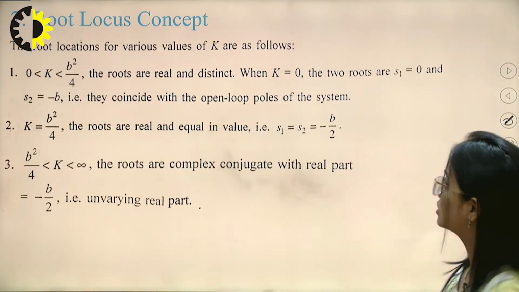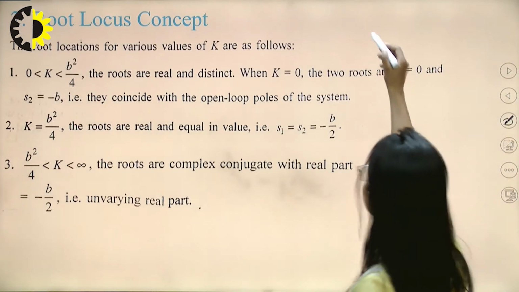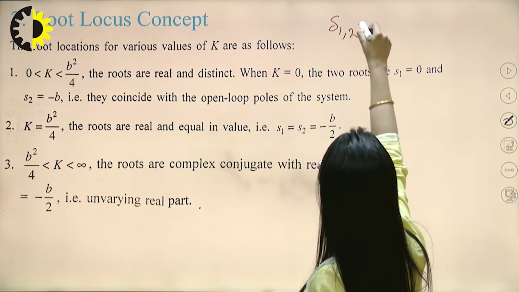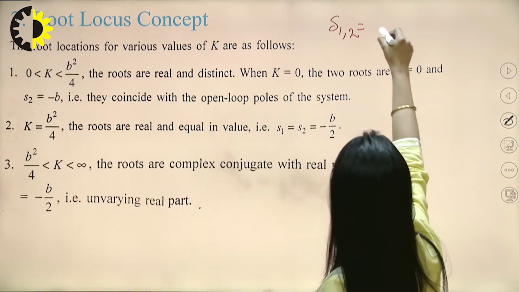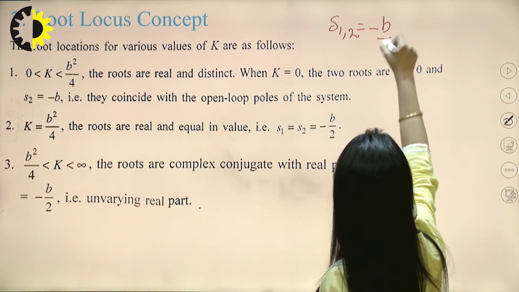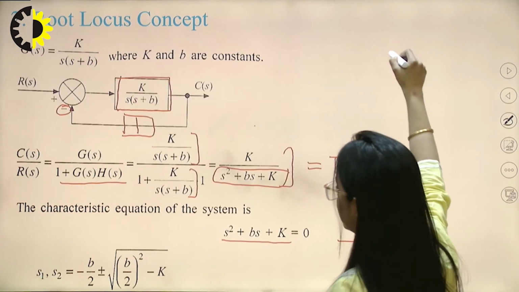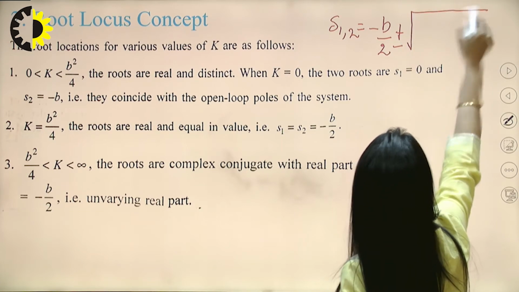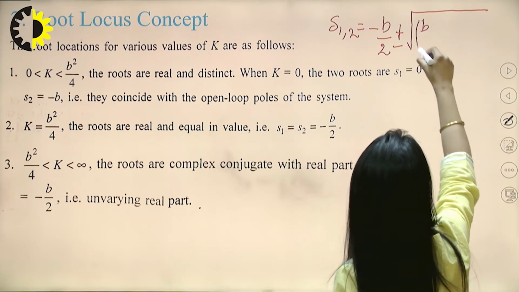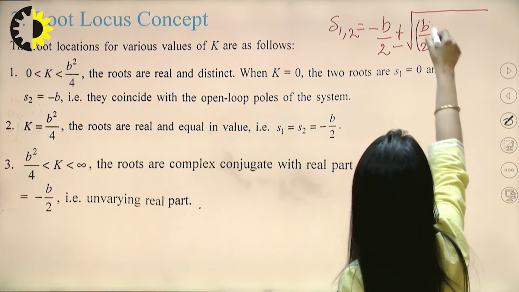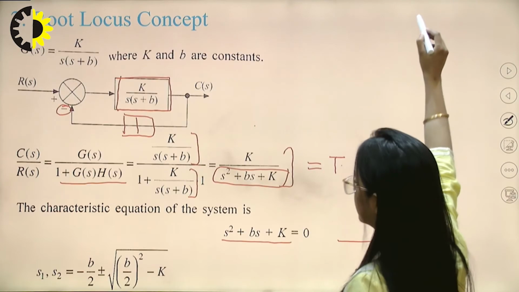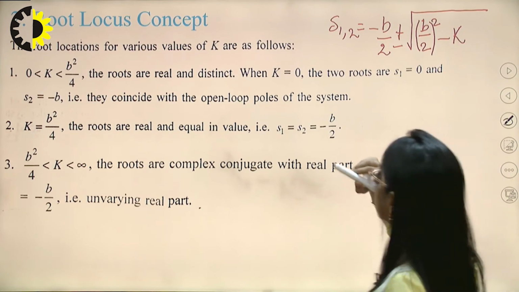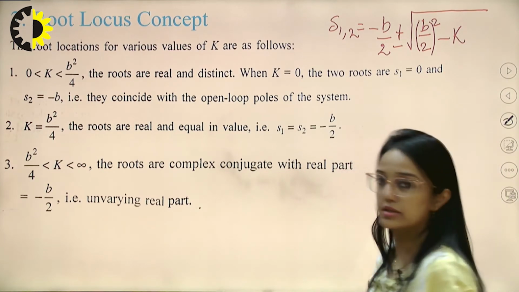So I'll be rewriting. Let me write the location of poles S1, S2 is equal to minus b by 2 plus or minus root over (b by 2) whole square minus k. So here comes the actual realization.